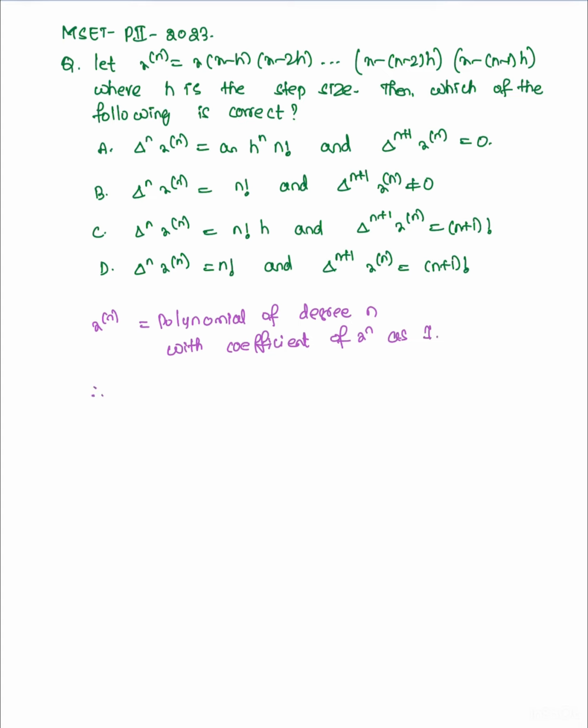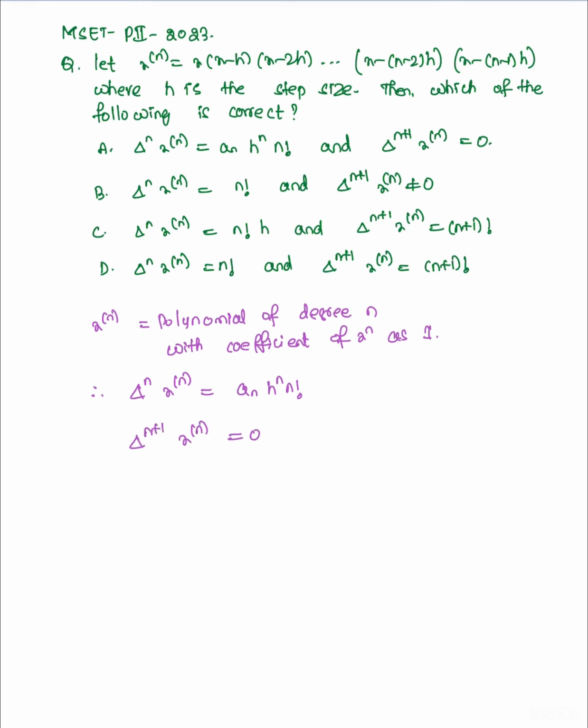Therefore we have a result: delta power n of x power n, if x power n is a polynomial of degree n with the coefficient of x power n as a_n, is a_n into h power n into n factorial, and delta power n plus 1 for the polynomial will be 0.